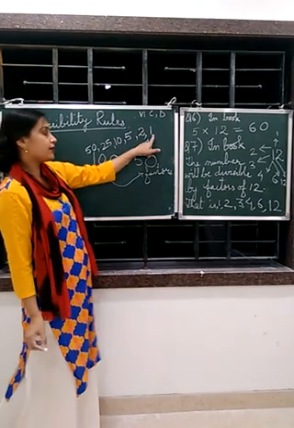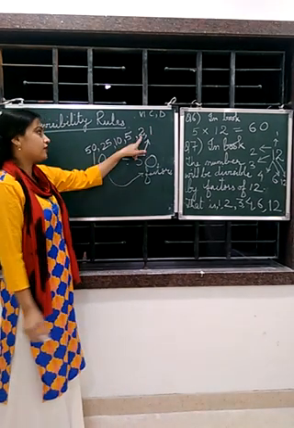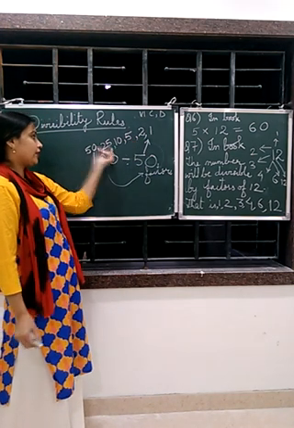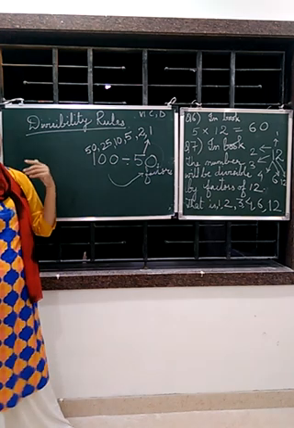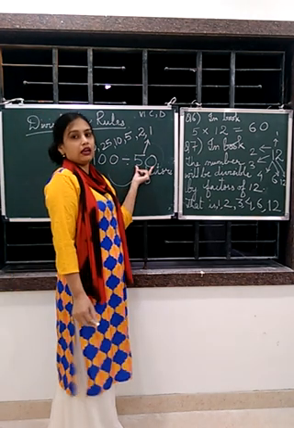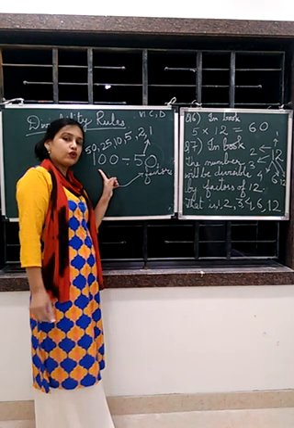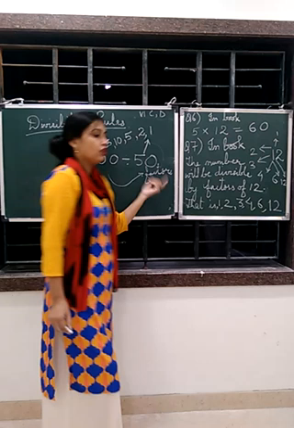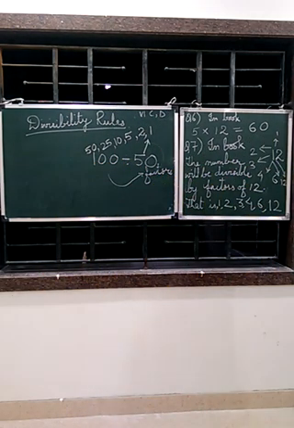So 100 is divisible by 1. Yes. 100 is divisible by 2. Yes. 100 is divisible by 5 also, by 10 also, by 25 also, and by 50 also. So if any number is divisible by a given number, then it is also divisible by this number's factors. So these are the two properties.